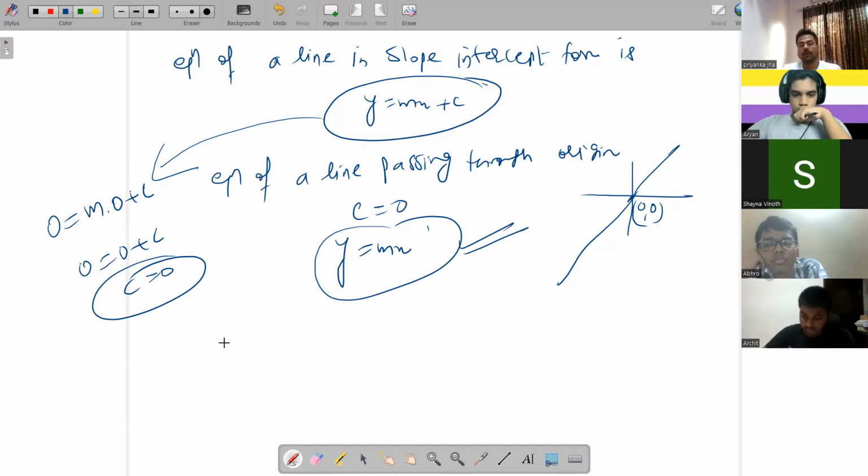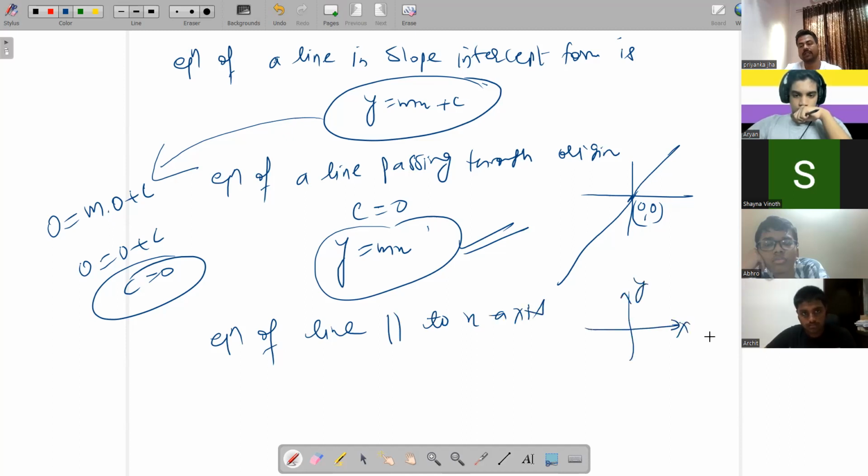Now, equation of a line parallel to the x-axis. This is the x-axis and this is the y-axis. So if any line is parallel to the x-axis, how much angle will it make with the x-axis? 0.